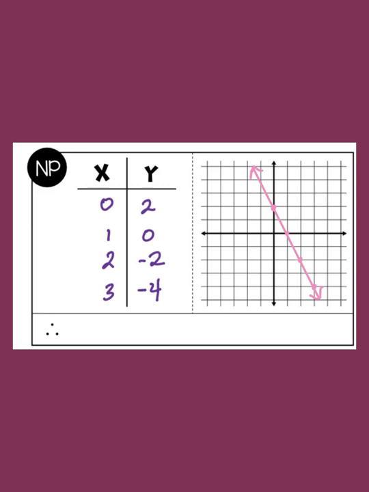Okay, so I did this. It is a linear relationship, meaning it makes a line, but it is not additive or multiplicative. Now, we're not going to get into the whole thing right now. That'll be something you'll learn later. So right now, we're just going to say it's not proportional. Just in case you're wondering, the equation for that is actually y equals negative 2x plus 2.